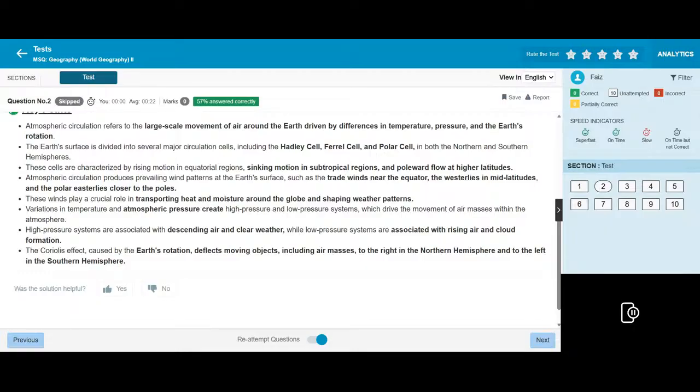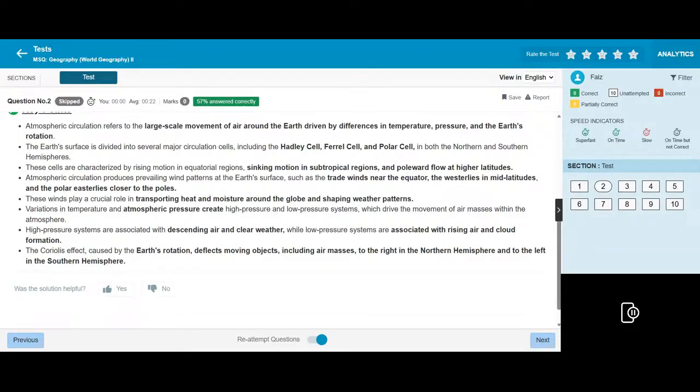These cells are characterized by rising motion in equatorial regions, sinking motion in subtropical regions, and poleward flow at higher latitudes.